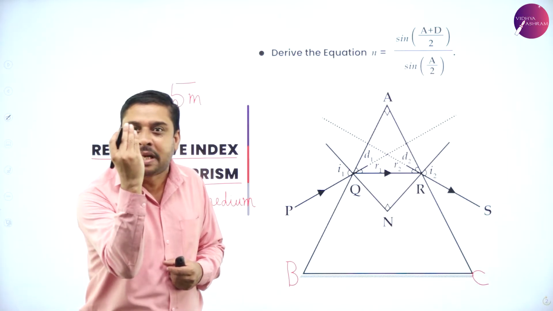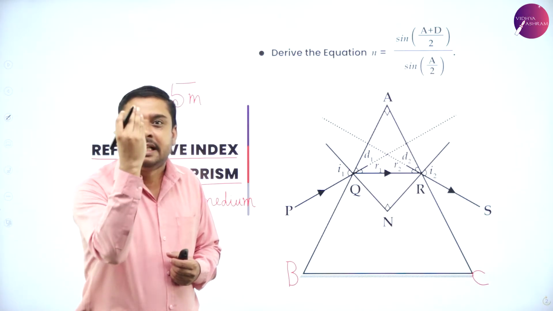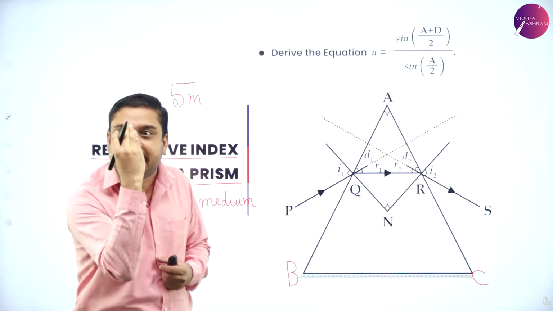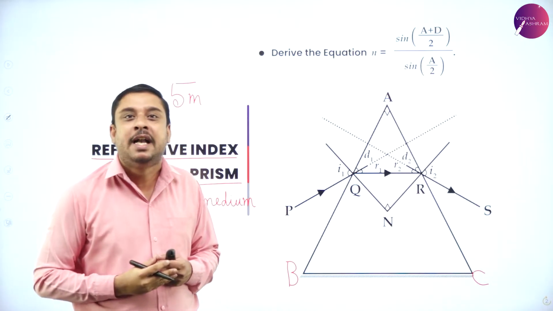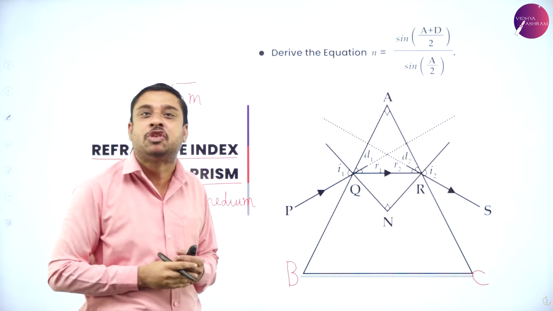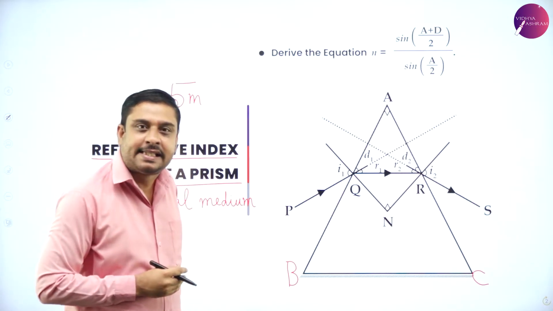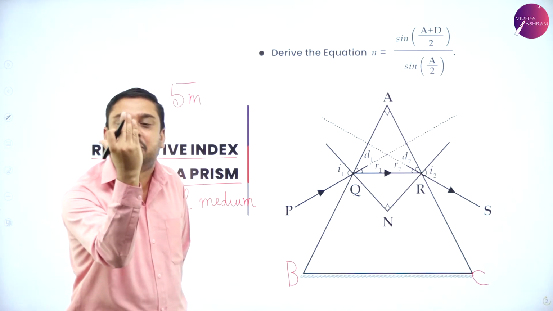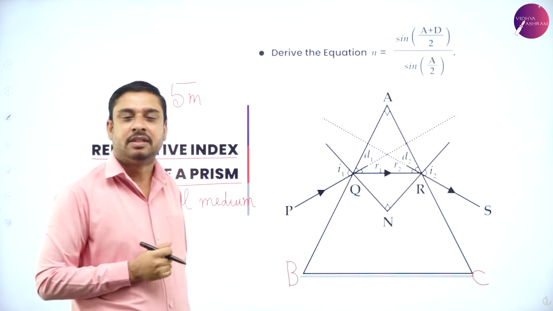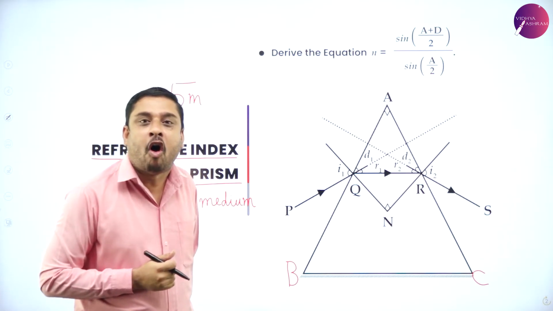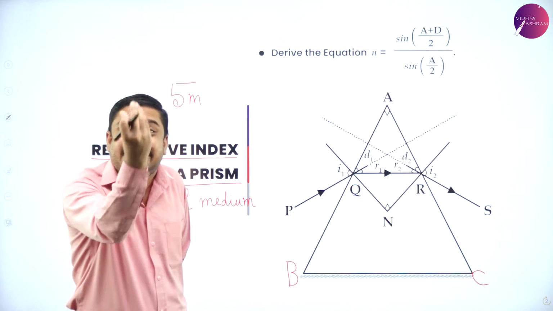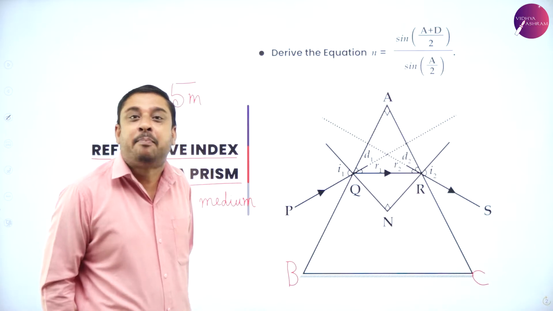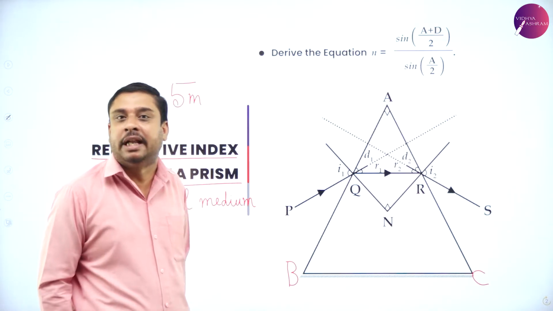When you hold the prism, the part of the prism facing you is called the principal section. In very simple words, the part of the prism that you can see, the part of the prism facing towards you, is called the principal section.